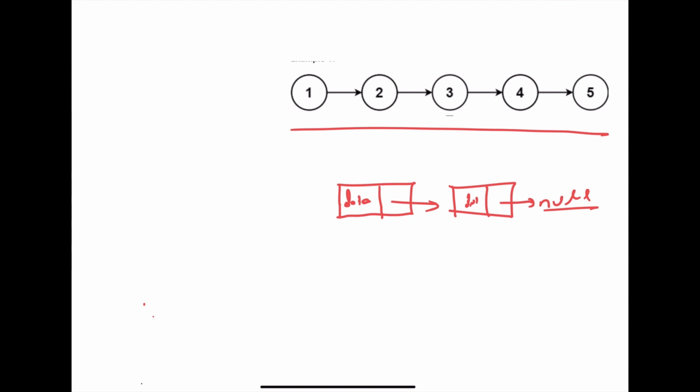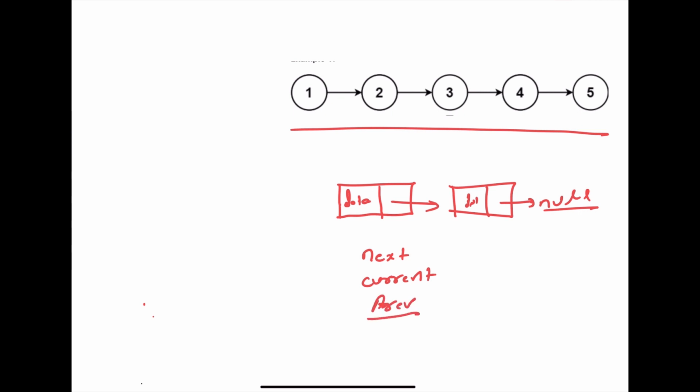In order to reverse it, the only issue is that we cannot traverse it back and we can only move in one direction. So in order to reverse this linked list we need to follow an algorithm. Basically we need to have three variables: next, current, and previous.